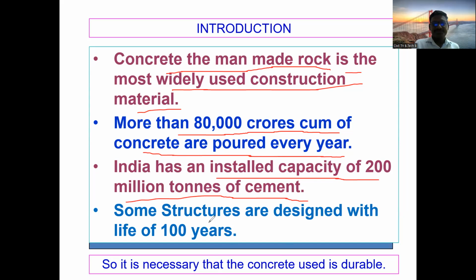And some of the structures are designed with a life of 100 years. So the concrete structure life we are talking about is like this: 100 years of life of the building. If you have to make concrete whose life will be 100 years, then many more precautions and many more properties we have to think about.